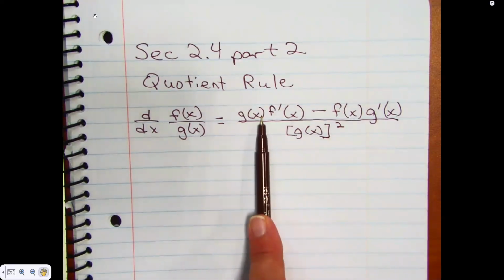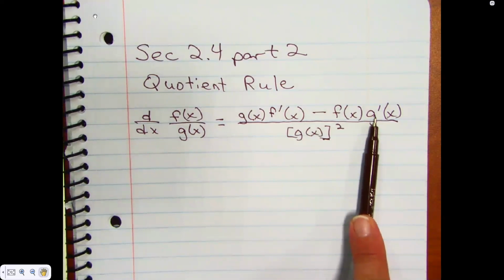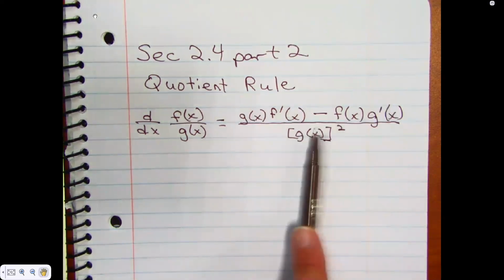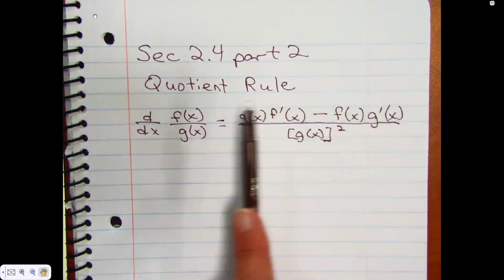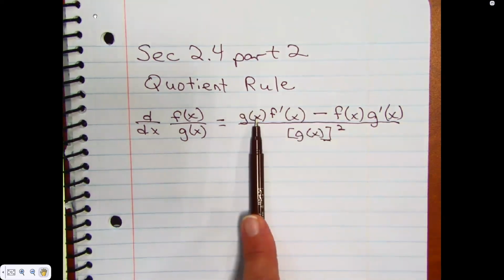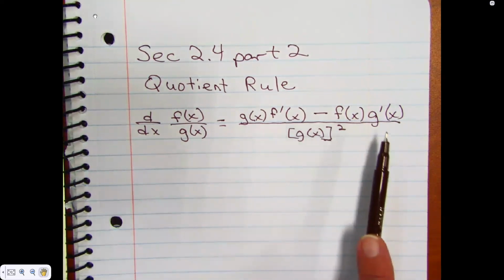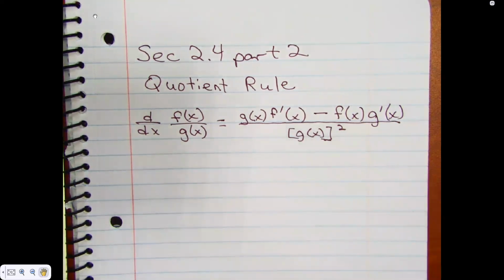G at the beginning, G at the end, but it has to be something different: derivative of G, and then on the bottom, it's G squared. And then remember these two, they're always opposite. So if I write G, that has to be the derivative of F minus F, derivative of G, and then over G squared.